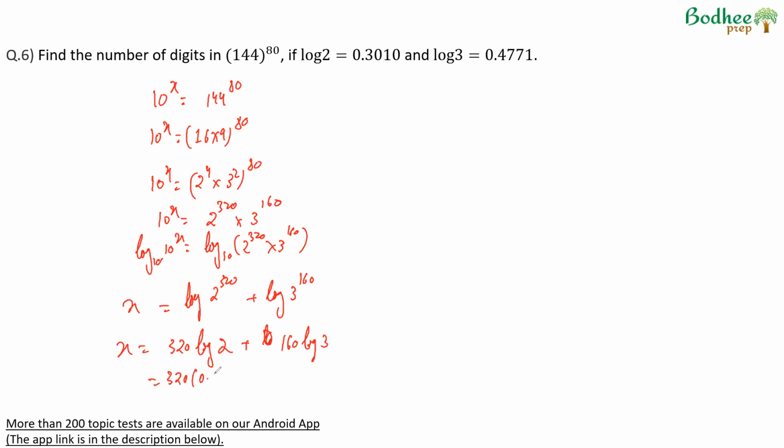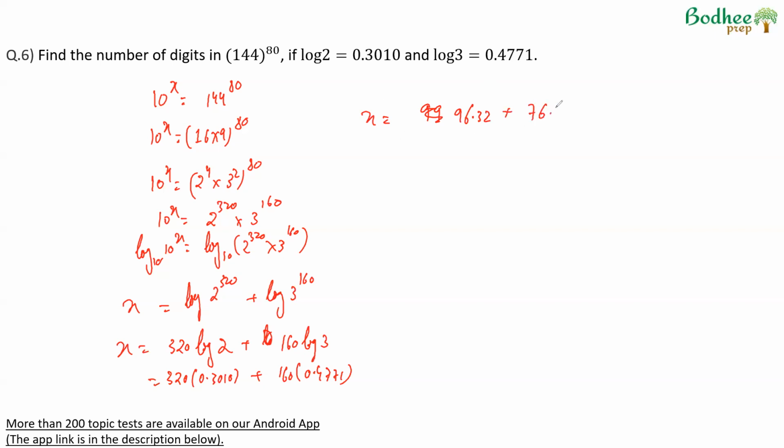320 into 0.3010 plus 160 into 0.4771. 320 into 0.3010 will be 96.32, and 160 into 0.4771 will be 76.336.